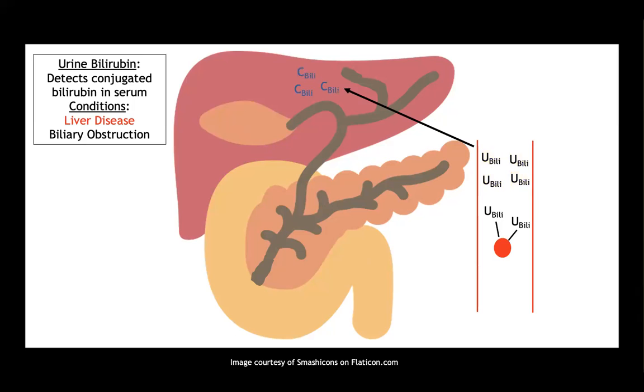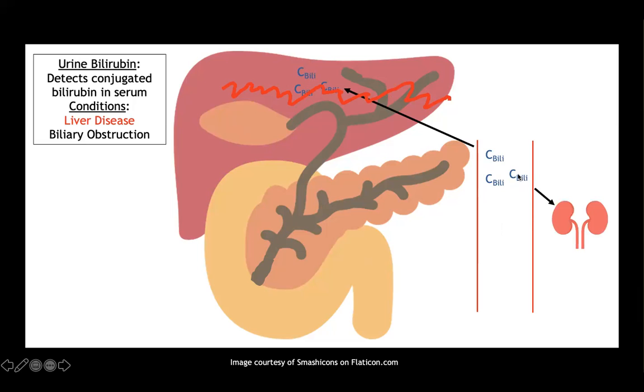However, sometimes you have liver damage where your liver can still conjugate some of the bilirubin, but then you have so much other damage that it can't really get out of the bile ducts. And so in these cases, this can leak back out and you'll get a conjugated hyperbilirubinemia.